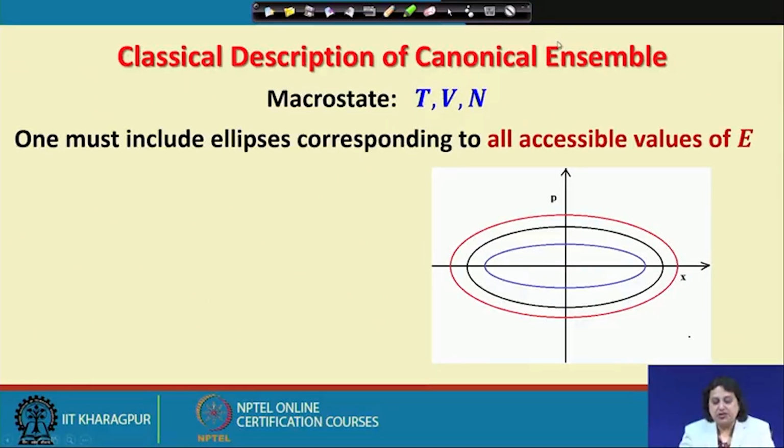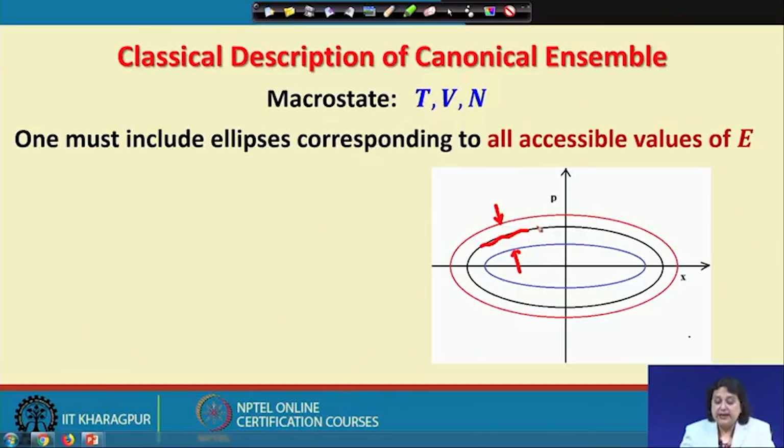Therefore, in this picture, let us say this black line is the constant energy ellipse corresponding to the average energy of the system when it has equilibrated at a given temperature. But since it is interacting with the thermal reservoir, in order to keep the temperature constant, it will either absorb energy whereby its energy will go to a higher value, or it will give out energy to the reservoir whereby its energy will go to a lower value.